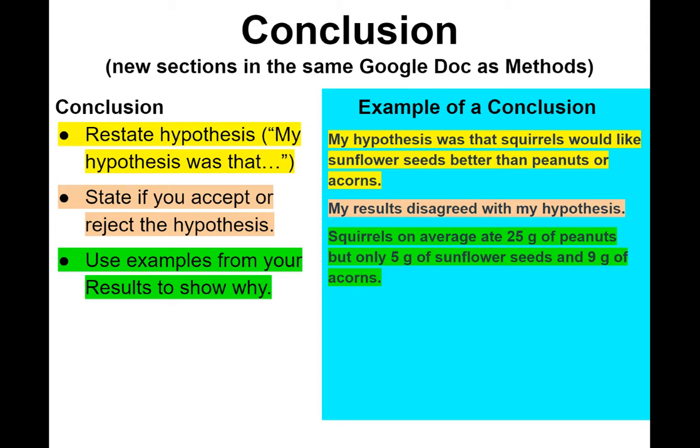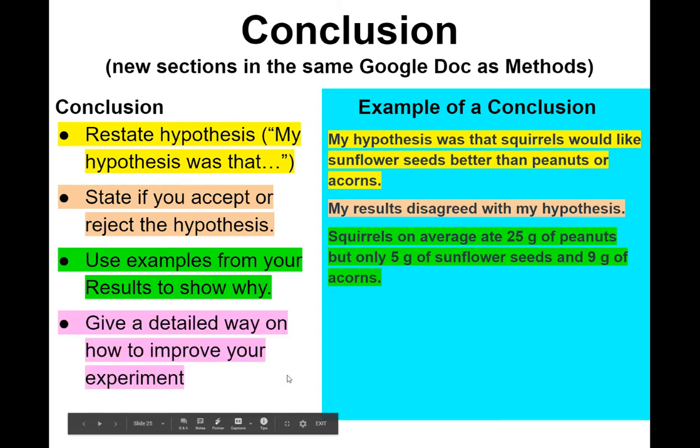You can use actual data too, just give some points, but it should show your general trend. So it's saying that they disagreed because squirrels liked peanuts more, and your hypothesis was that they'd like sunflower seeds more. So you disagreed with your hypothesis.